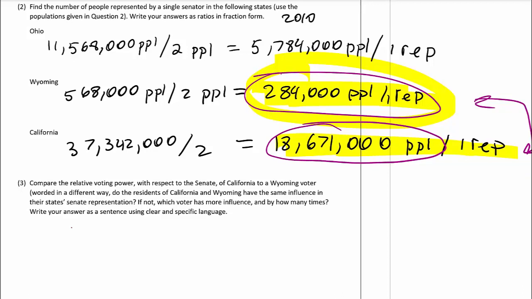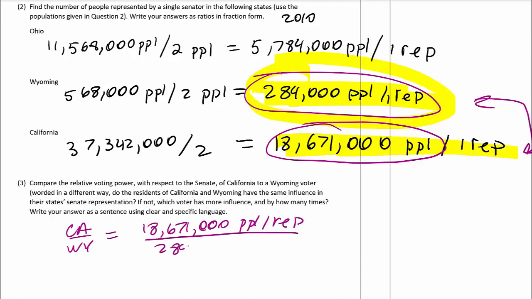So we take California divided by Wyoming: 18,671,000 people per representative divided by 284,000 people per representative. Notice that California has the larger number on top, but it doesn't mean they have stronger representation.